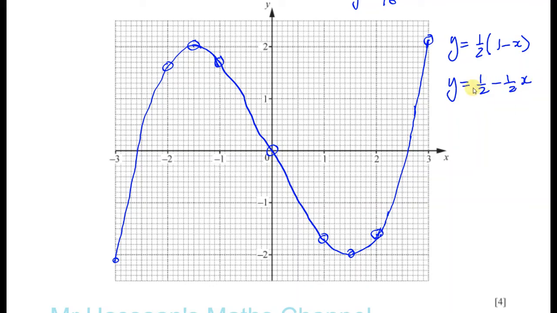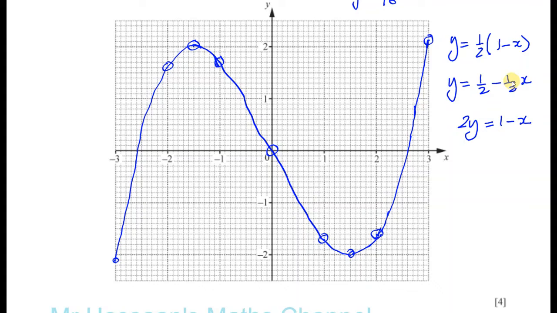You could draw that line, or if you wanted to draw it another way, let's multiply both sides by 2. You can say that's the same as saying 2y equals 1 minus x. Now there's multiple ways of drawing this straight line. One of the ways you could do it is to choose a value of x, and then it'll give you a value of y.